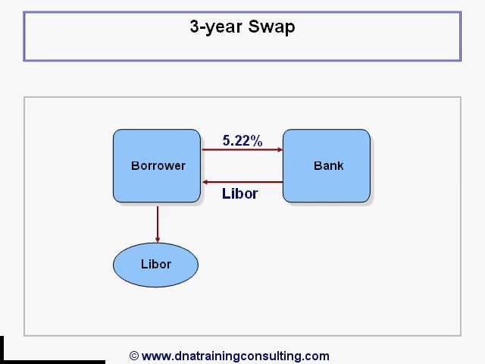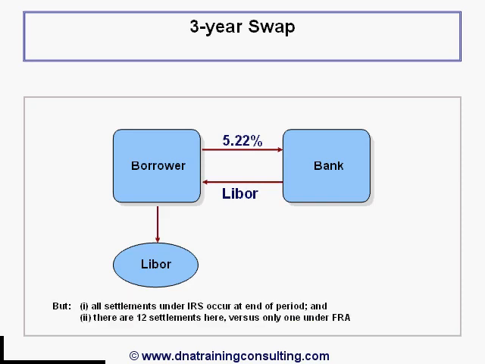We should emphasize that while this diagram resembles closely the one we used for the FRA, it is different in two important respects. First, all settlements under the IRS are made at the end of the period to which they relate. Remember that for a FRA, the usual settlement custom is to settle at the beginning of the period in question.